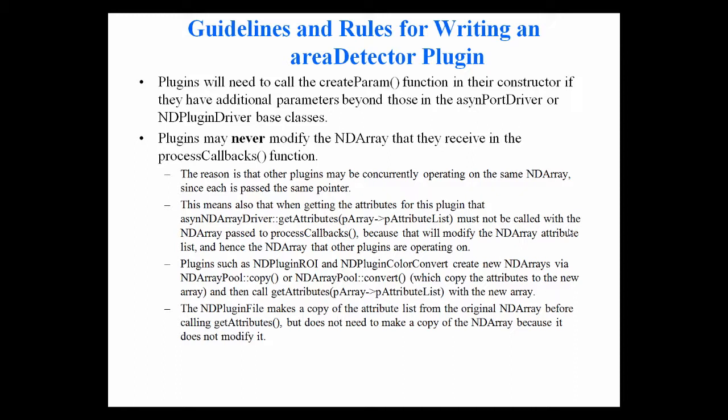You're making a new array that you're going to pass to other plugins, and so you have made a copy of it. So you first have to make the copy, then get the attributes on that copy. So there are some examples. The ROI and color convert plugins, for example, create new arrays via this ND array pool copy or ND array pool convert, which copy the attributes to the new array, and then you call get attributes to get the additional attributes that this plugin is going to add to the ones that are already attached to that copy of the array.